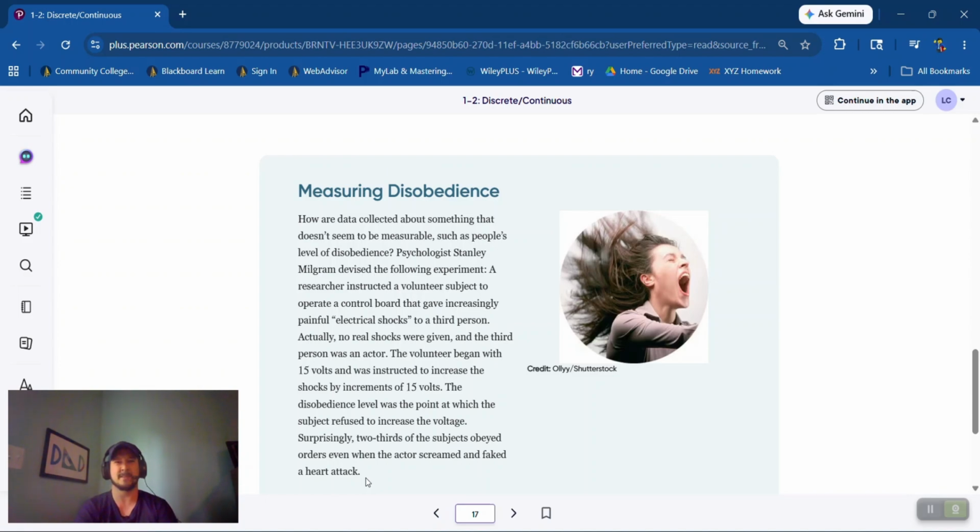I don't think they'd frame it this way, but they're not studying the actual increments of voltage that you're increasing by. They're studying to see when you'd stop. So that's something to be aware of.